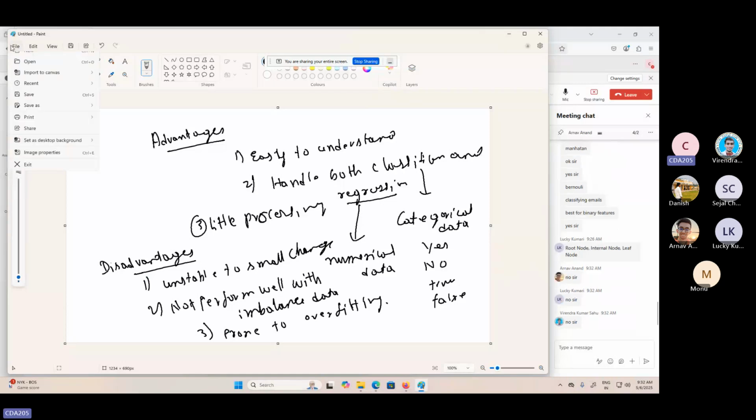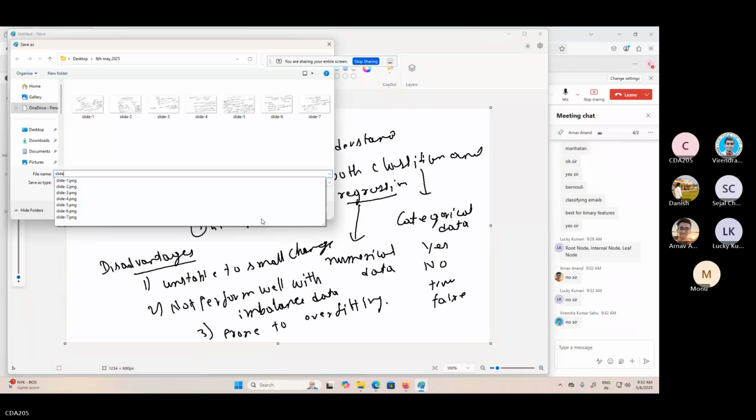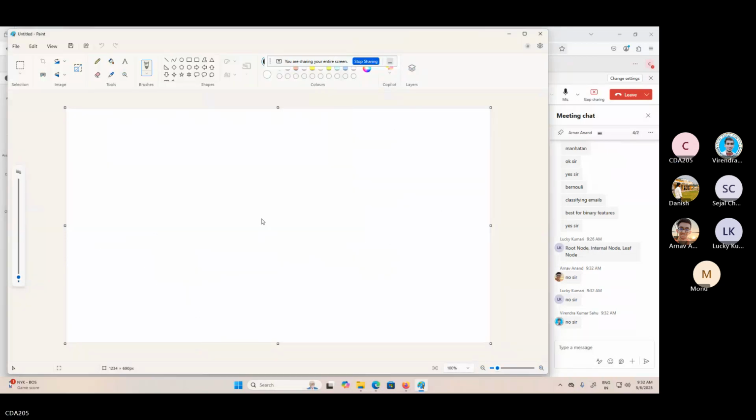Now next we can come to the SVM part, that is support vector machine. It is a supervised learning algorithm used for both classification and regression.